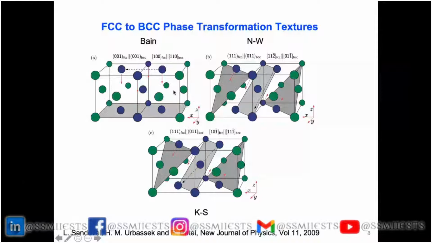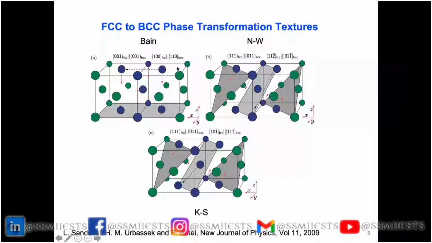If you have two unit cells of the austenite phase side by side, then you can see that there is almost already a BCC unit cell. Well, it's not BCC, it's in fact tetragonal. But based on this, Bain assumed that there was a specific crystallographic orientation relation between the austenite and the ferrite cube.